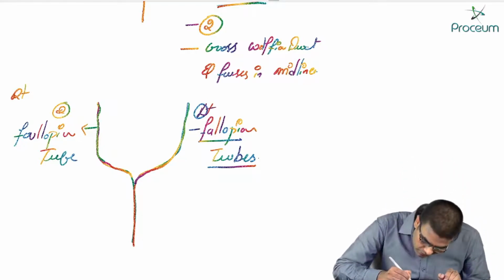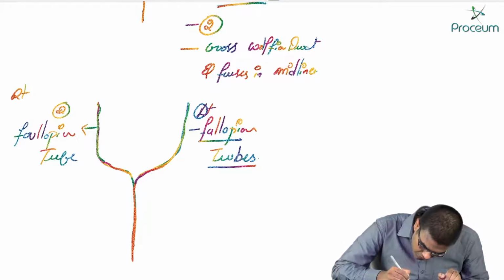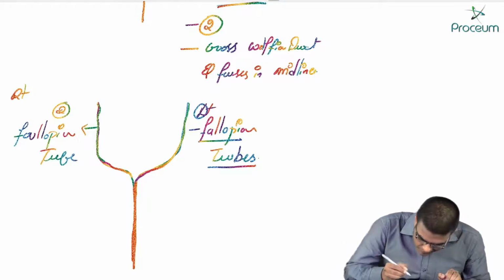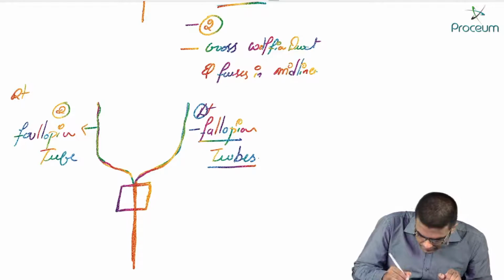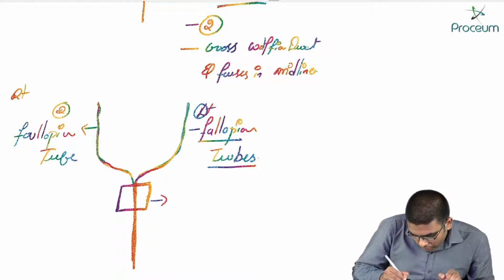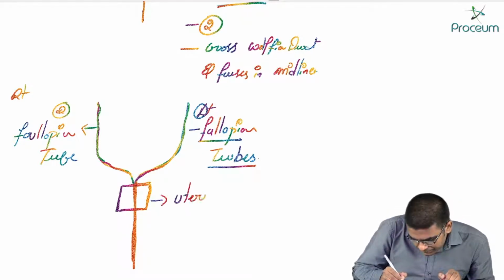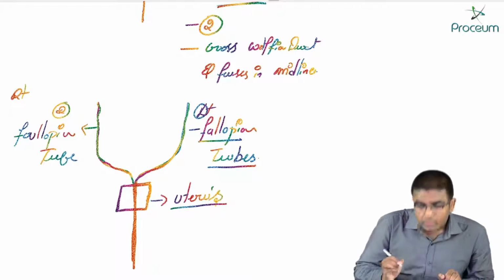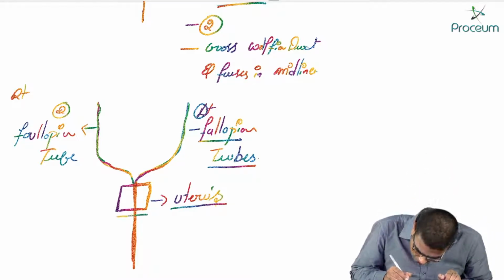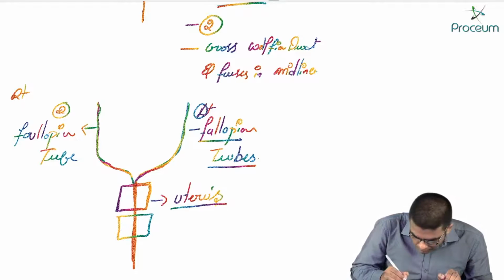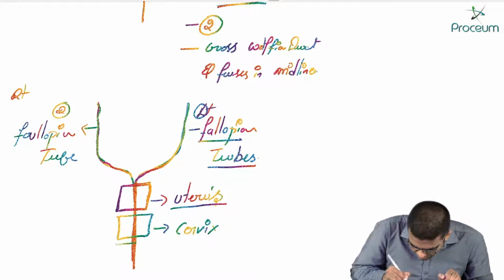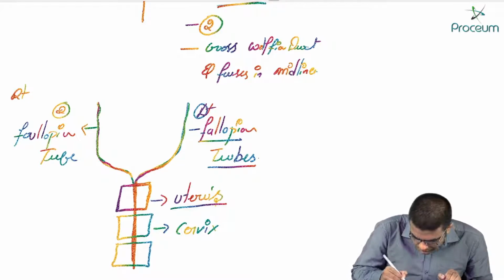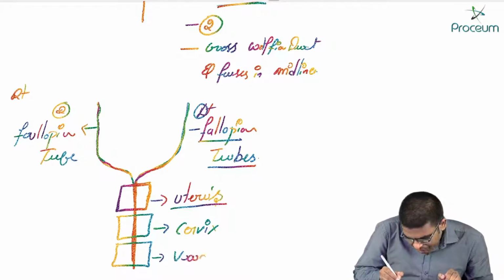Now concentrate on this part. This part of the fused Mullerian ducts will form the uterus. This part will form the cervix. And this fused part will form the vagina.